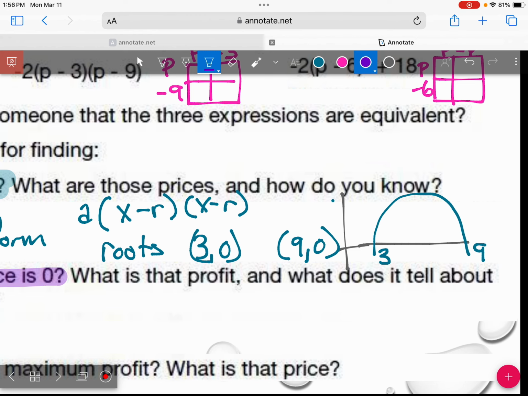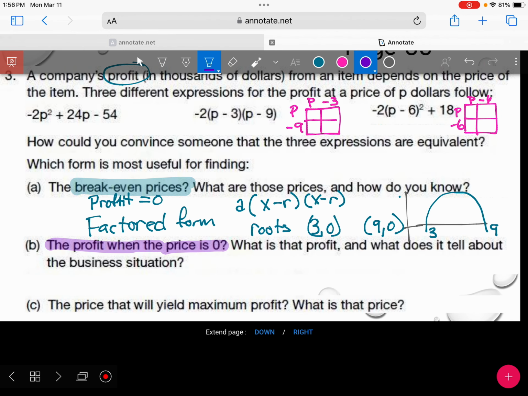No. Where could we find our profit when the price is 0? That is an excellent question. Where are we looking for it?